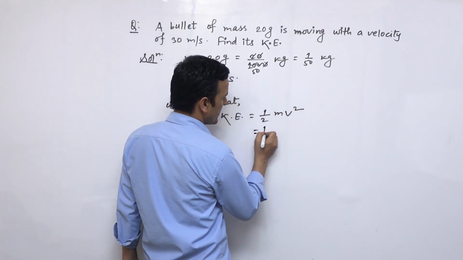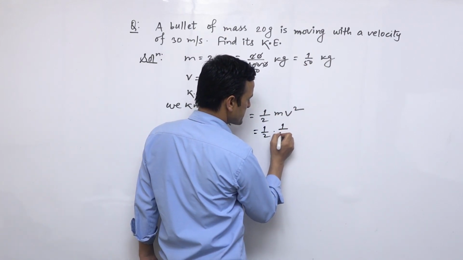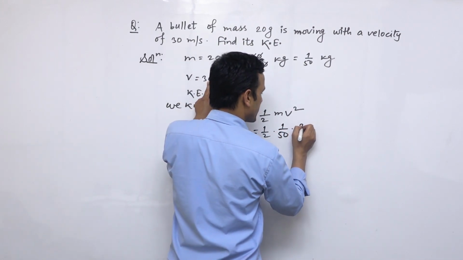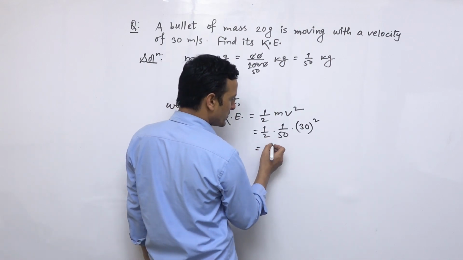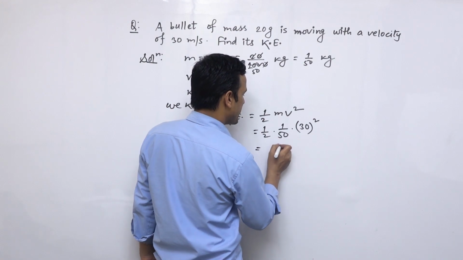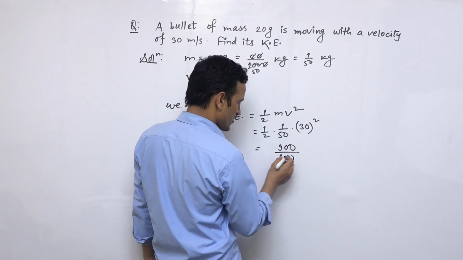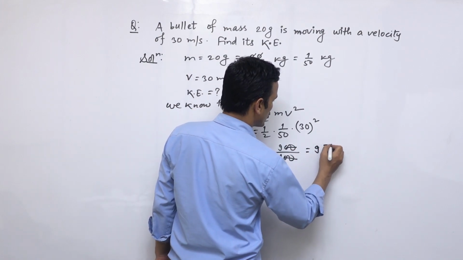So substituting the values, 1 by 2, and mass we have 1 upon 50, and velocity square means we have velocity 30. So 30 squared. Now we can cut down this. 30 squared is 900 divided by 50 is 18, so 900 divided by 100 is 9. So if you cut the 0s then we get 9 joule.